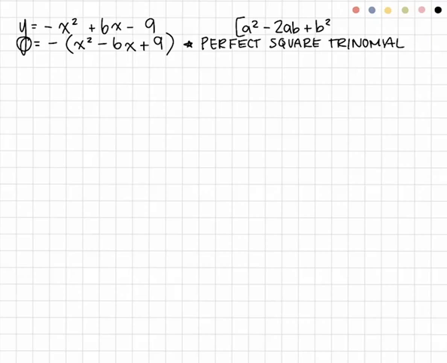If you're not familiar with perfect square trinomials, just go ahead and review the video. If you are familiar with perfect square trinomials, you can go ahead and just jump to the last few steps. But I'm going to go ahead and factor this fully in case you couldn't notice that it was a perfect square trinomial. And you're going to see once we come to the final answer that in fact it is.